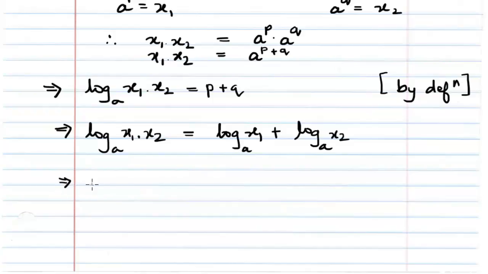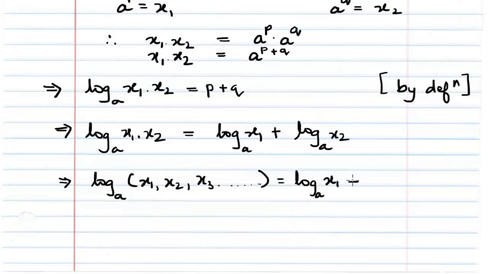which will give us log of x1, x2, x3 and so on to the base a is equal to log of x1 to the base a plus log of x2 to the base a plus log of x3 to the base a and so on.